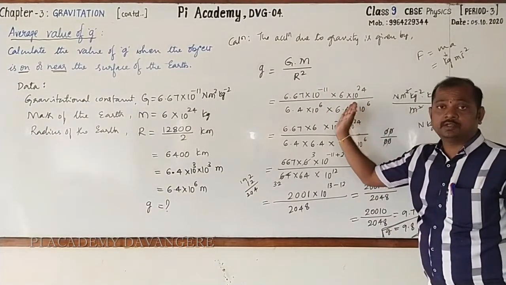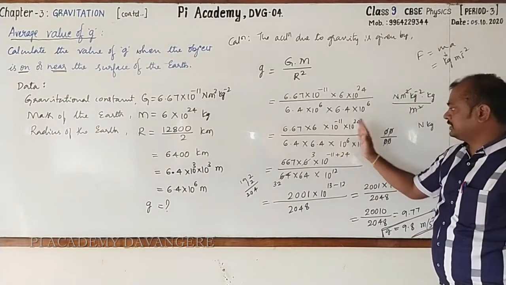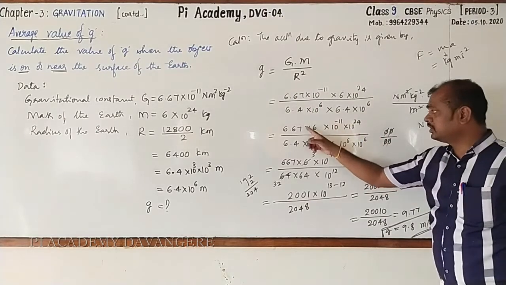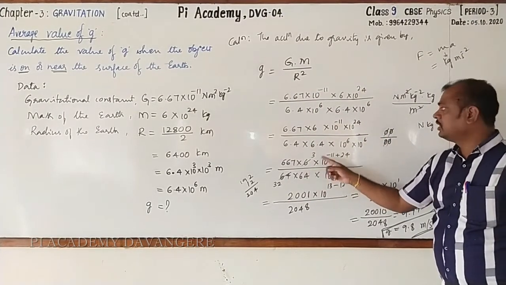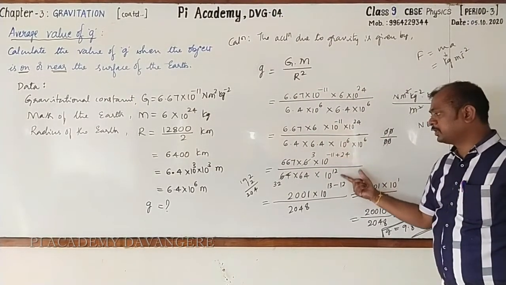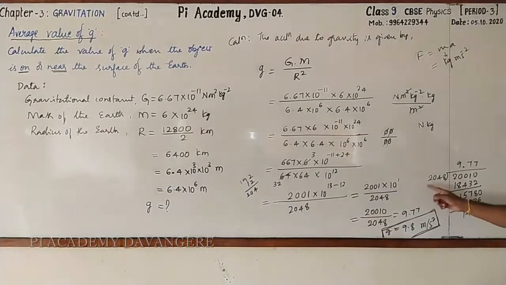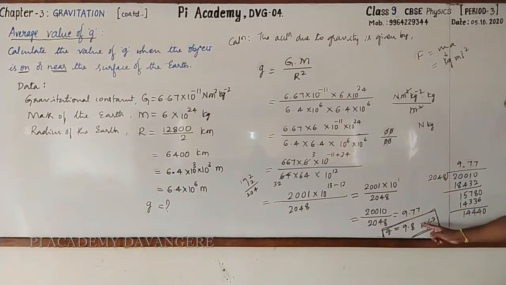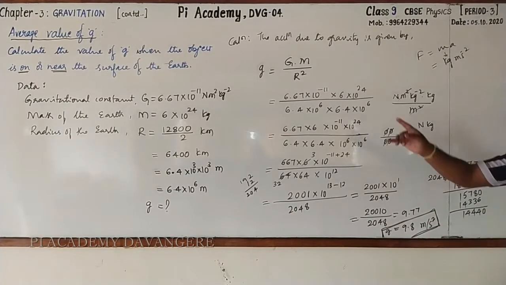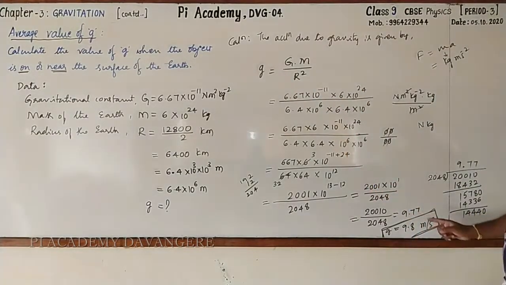Then separate decimal numbers and exponents. Next, remove the decimal. After that, simplify the exponents. Then you go for divide. You will get approximate value 9.8 meter per second square. So please copy from there to here. Hope that you have copied.